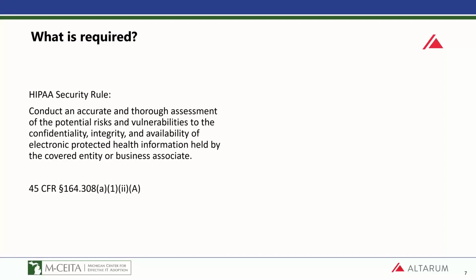And I will also provide a definition of electronic protected health information, which refers to protected health information, and that means individually identifiable health information that is transmitted by electronic media, maintained in electronic media, or transmitted or maintained in any other form of media.